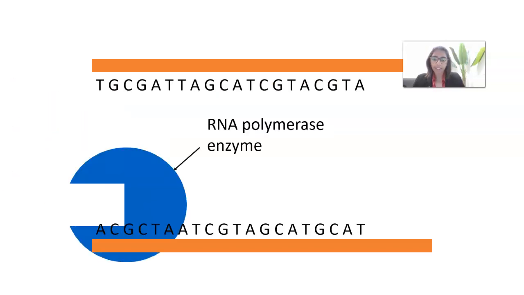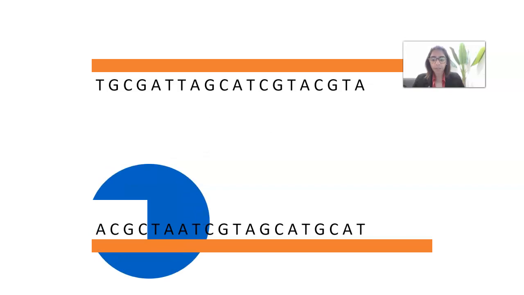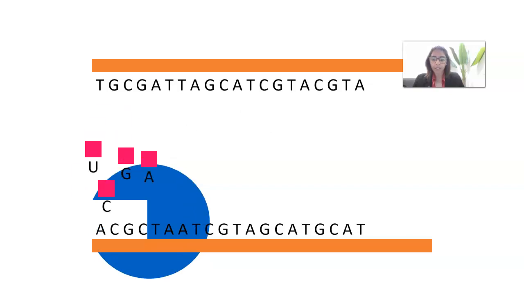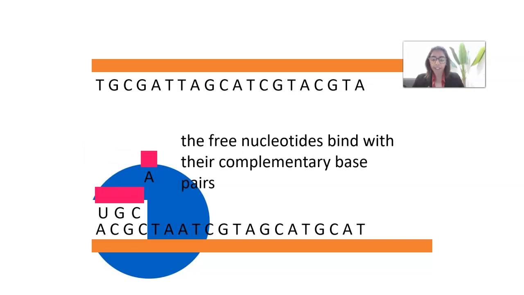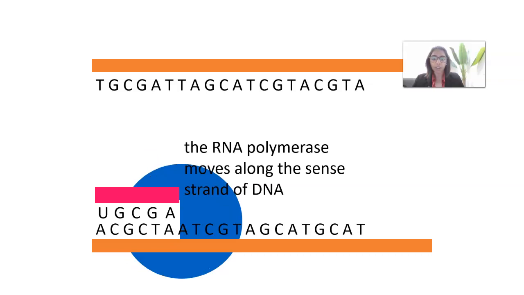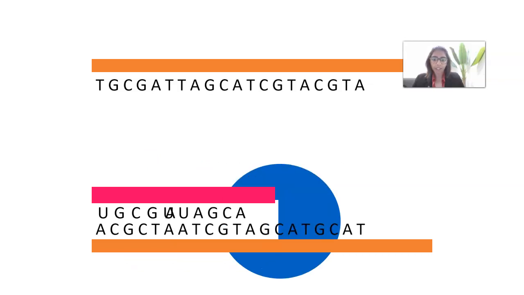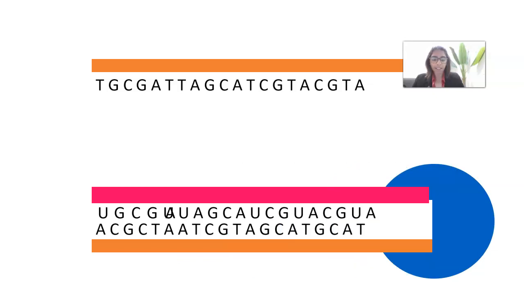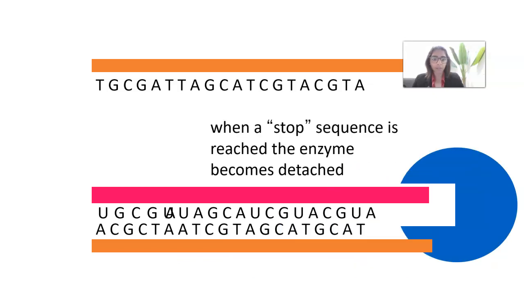Here we can see the RNA polymerase molecule attaching to the start where a promoter would be, and it moves along the DNA molecule, reading that code, and it promotes mRNA nucleotides to start combining in the correct order so that they combine with their complementary partner on DNA. So as that mRNA molecule is synthesized, RNA polymerase moves along the chain.